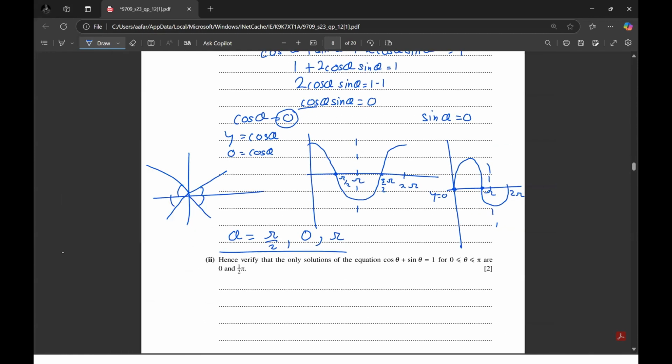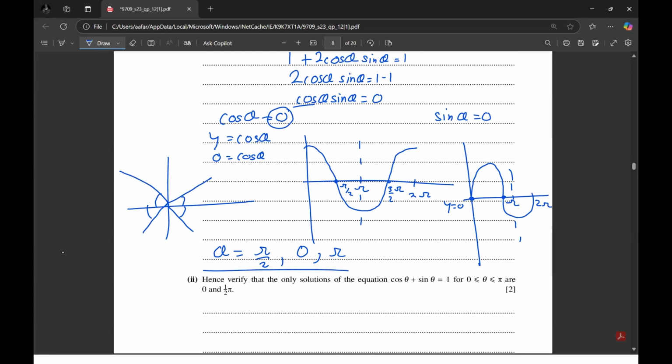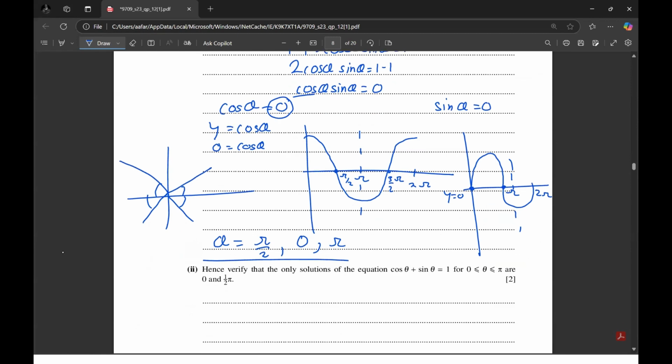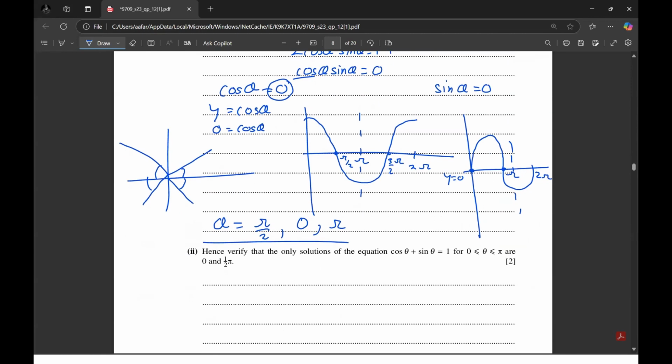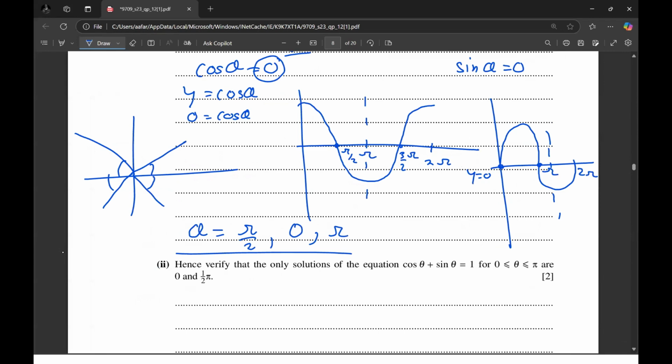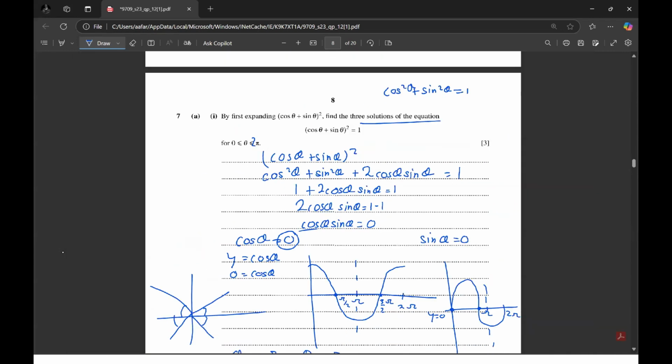Hence verify that the only solutions of the equation cos theta plus sin theta is equal to 1, for theta between 0 and pi, are 0 and pi over 2.